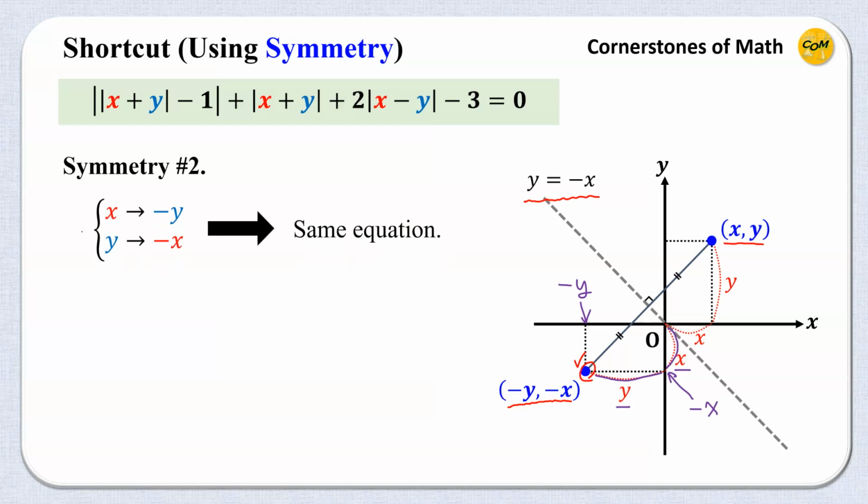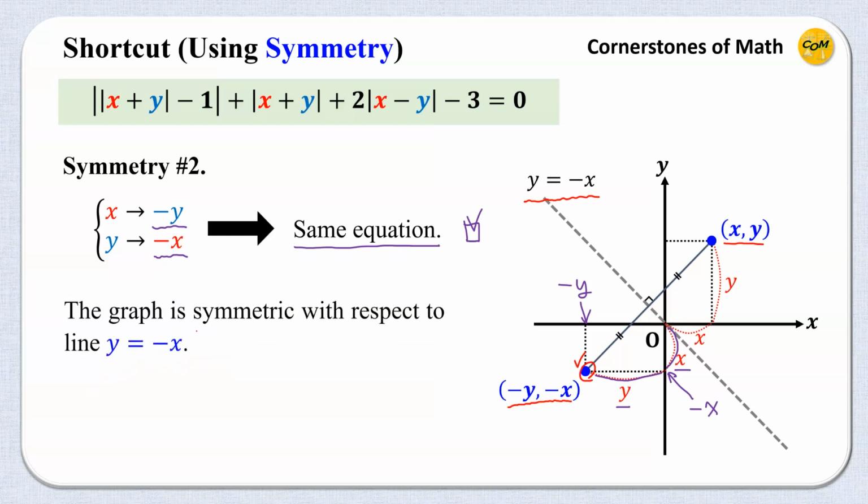Therefore, the condition for symmetry with respect to line y equals minus x is that if we replace x with minus y and y with minus x, it gives the same equation. And we can easily verify that it is indeed true. Therefore, our graph is also symmetric with respect to line y equals minus x.